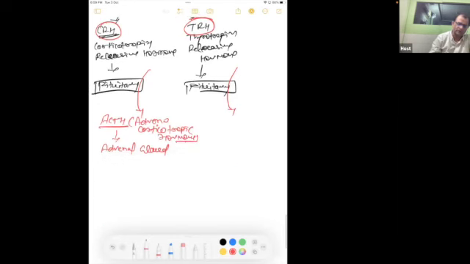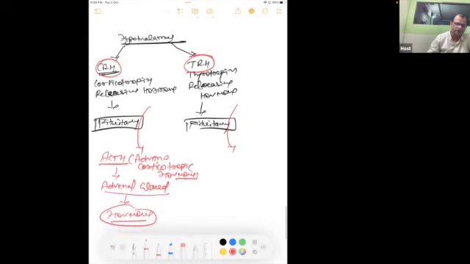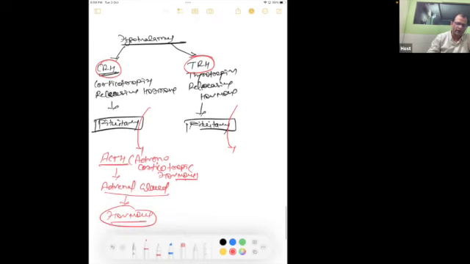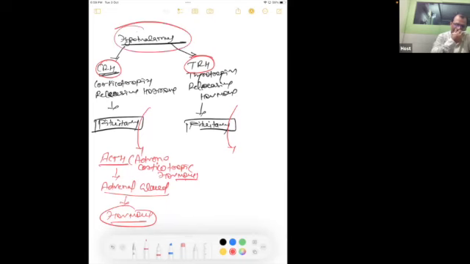And now it will work on the adrenal gland, and the adrenal gland will secrete another hormone. So this is the entire chain. You can see the entire chain is under the control of the hypothalamus, right?